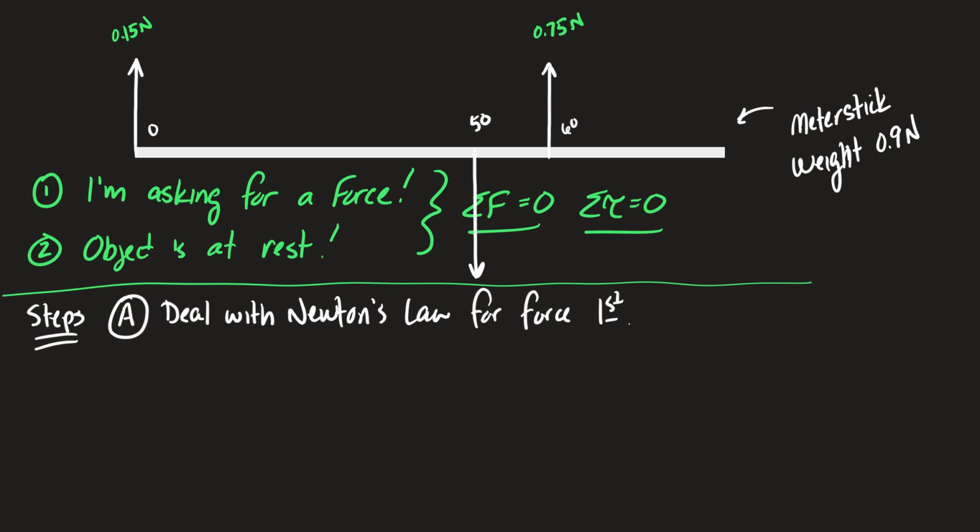Deal with Newton's law for force first. You already have a whole set of steps for that, which generally involved you deciding which law it was, drawing a free body diagram, deciding what direction is positive, identifying the forces that act on the object, and then summing them up in the x direction and the y direction.